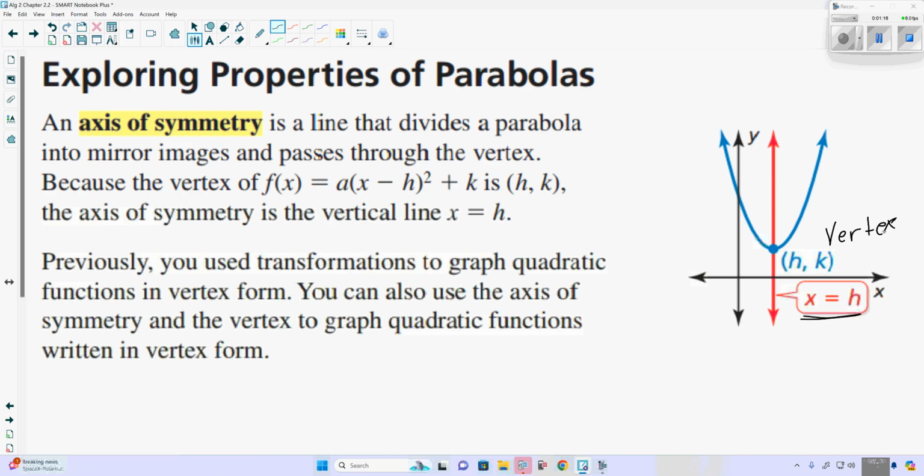Now we use the form h comma k because it's in vertex form. Vertex form, h comma k will be the vertex. And the reason we call this way that we write the equation of the parabola vertex form is because it gives us the vertex of the parabola, our h and k values.